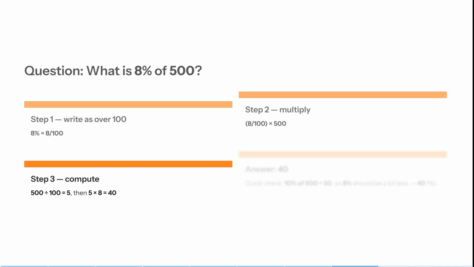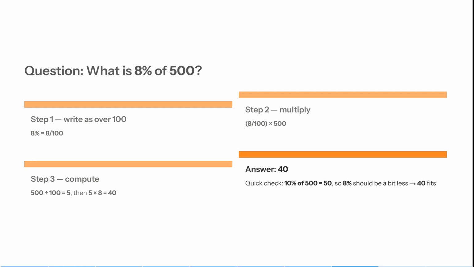So as I said before, we could have done the 8 first. 8 times 500 is 4,000, but that gives us a nasty big number to be working with. And then we could divide the 4,000 by 100, take 2 zeros off, gives us 40. So we can do it that way, but it's generally best to divide and make things smaller if we can.